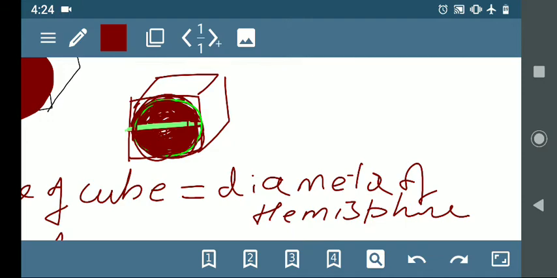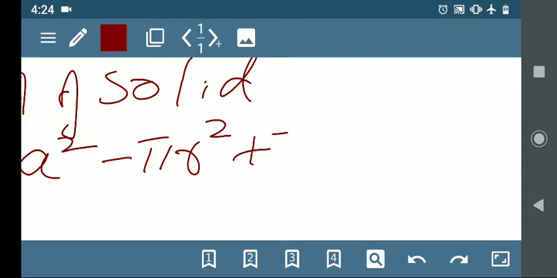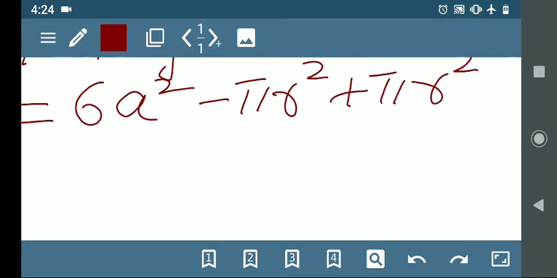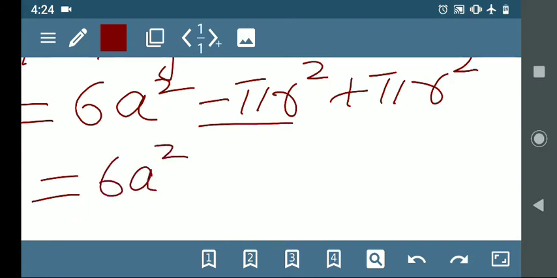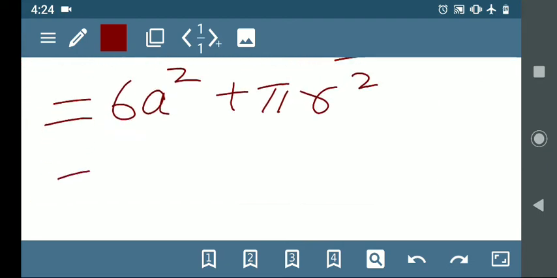So which is equal to 6a square minus pi r square plus 2 pi r square, which is 6a square plus pi r square, which is equal to 6 times, what is the side? L. It is given as L. Pi is 22 divided by 7.